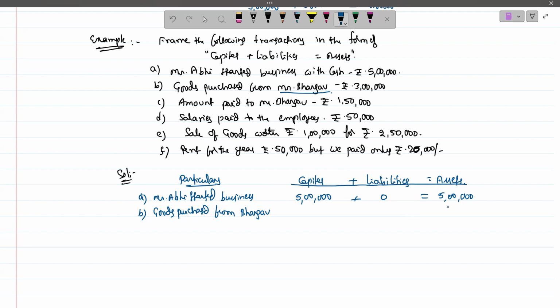As the goods increase, the total asset balance increases by 3 lakh. That amount is not paid to the party immediately, so the amount payable to the supplier increases. Amount payable to the supplier is a liability. So liability is increased by 3 lakh, and the capital is not affected. So the net accounting equation is 0 plus 3 lakh equal to 3 lakh.